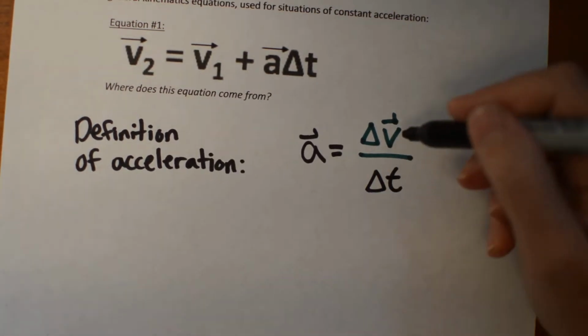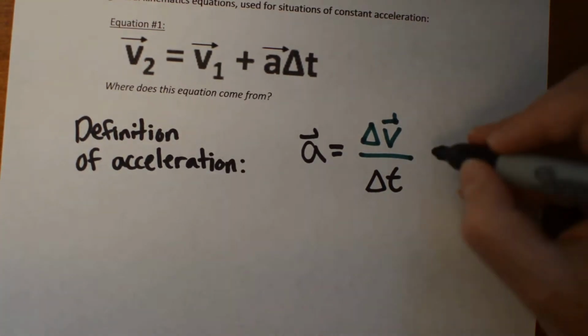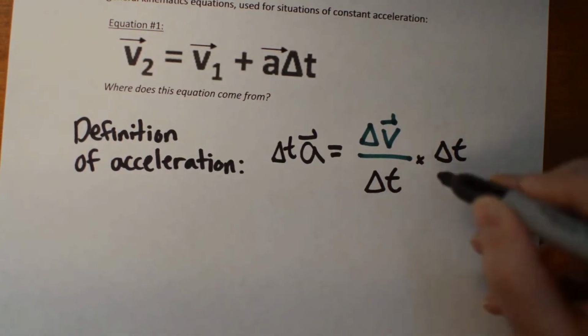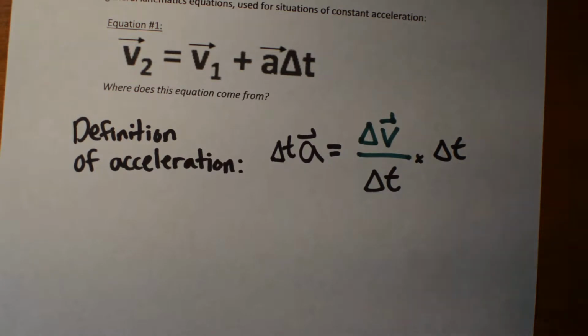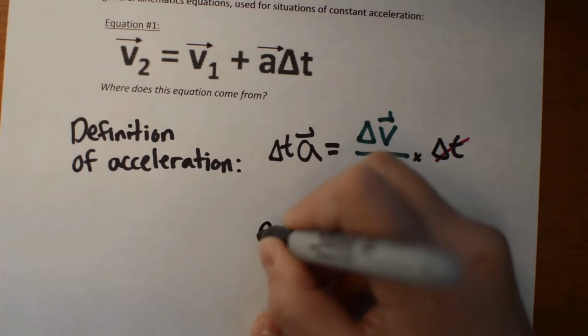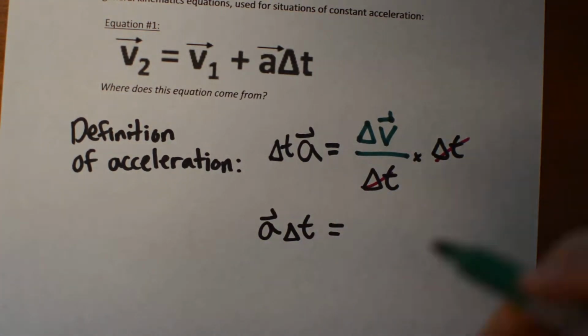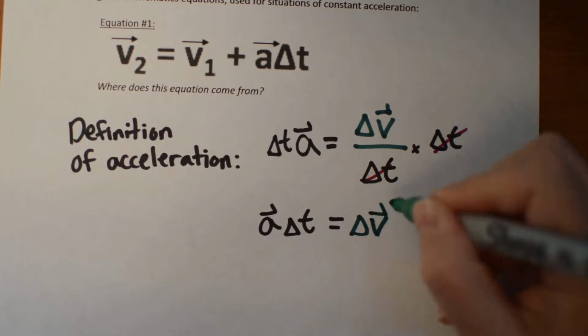We're going to rearrange this just for delta v, get the delta t off the bottom, it'll just look nicer. So we'll get that done first. That cancels out our delta t on the bottom, and we get on this side, acceleration times delta t is equal to our change in velocity.